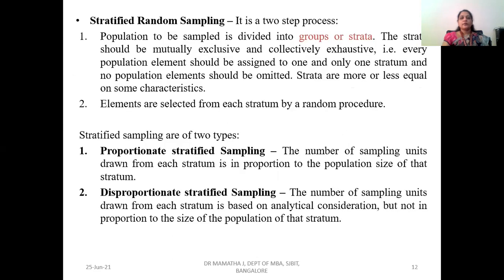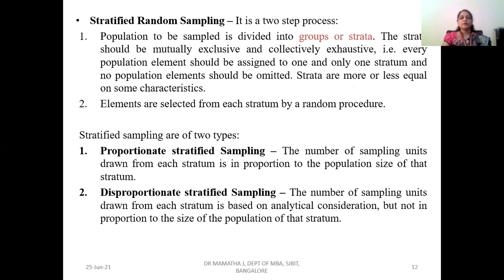Okay, next coming to stratified random sampling. In this sampling, strata means groups. You are creating the groups and the groups are called strata here. How we are creating the strata is based on some common characteristics.